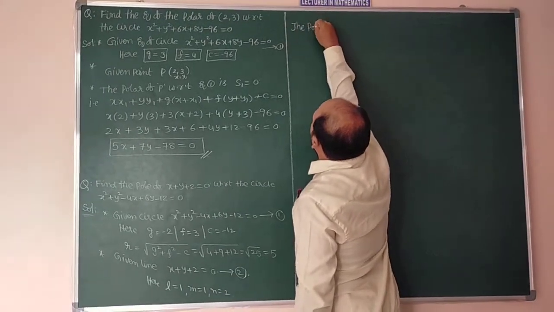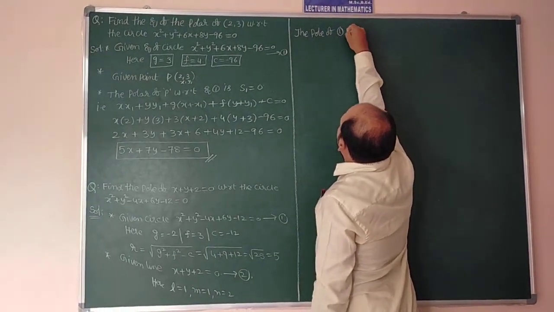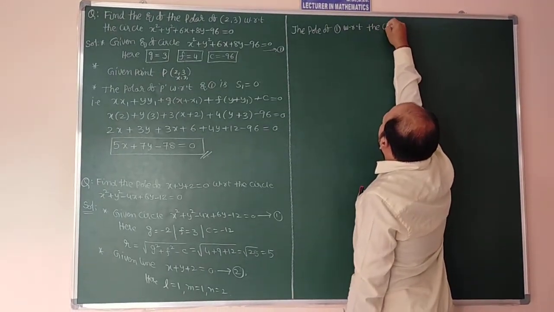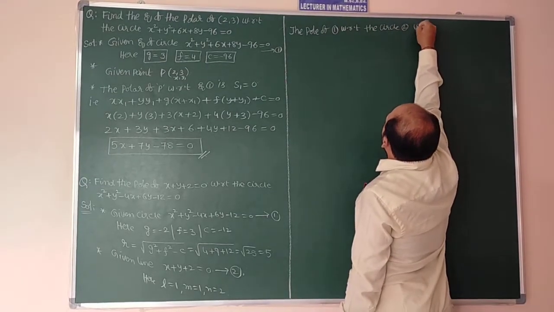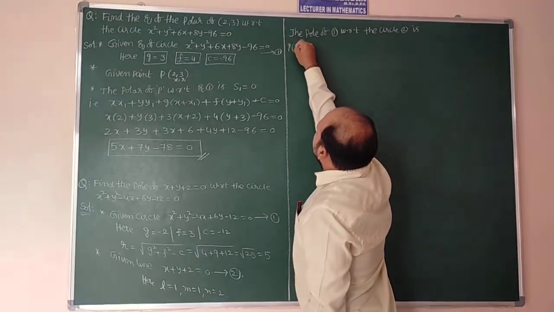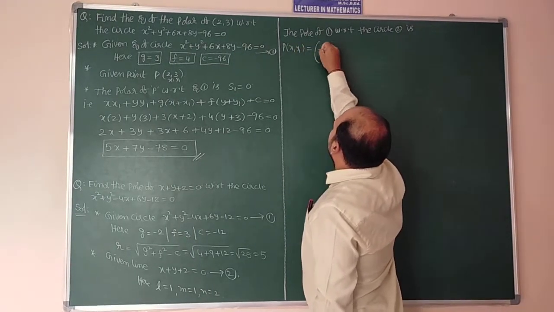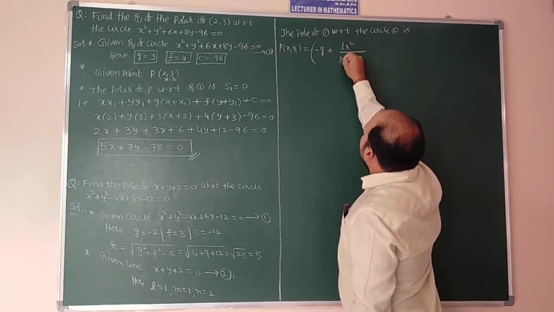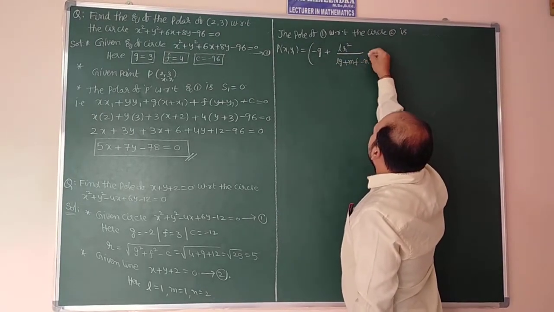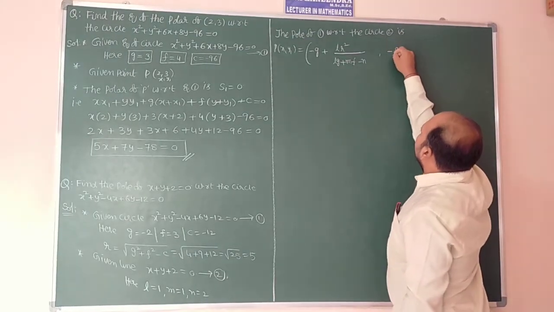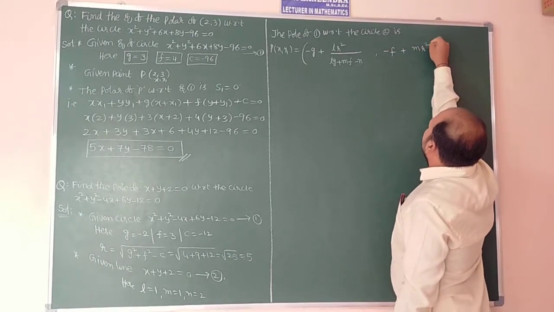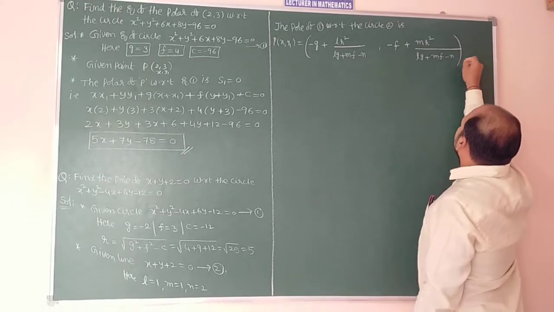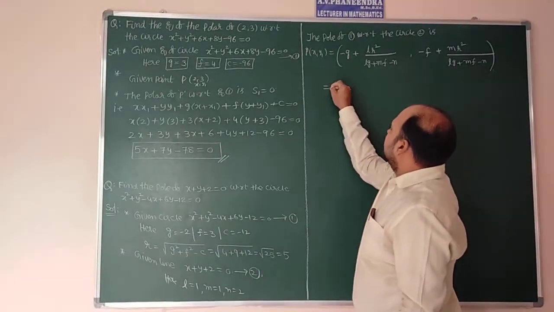The pole of equation 2 with respect to the circle 1 is P(x1, y1) equal to (minus g plus l r square divided by (lg plus mf minus n), comma minus f plus m r square divided by (lg plus mf minus n)). Now substitute the respective values.